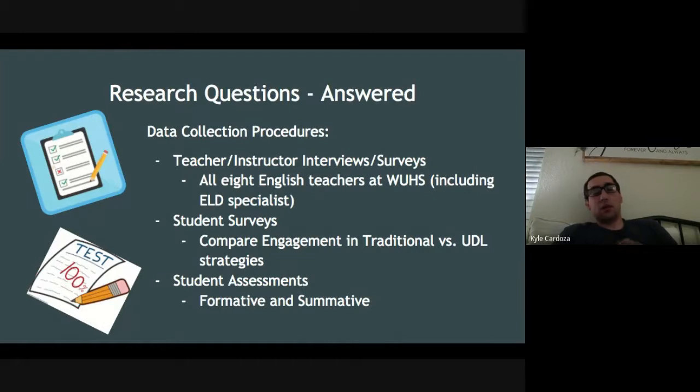And then the student assessments. So there's going to be formative assessments and summative assessments that are going to be looked at, and we can organize the data afterwards at the end of the 5-month period, which is at the end of the semester, and compare their scores with the traditional instruction versus the UDL instruction.